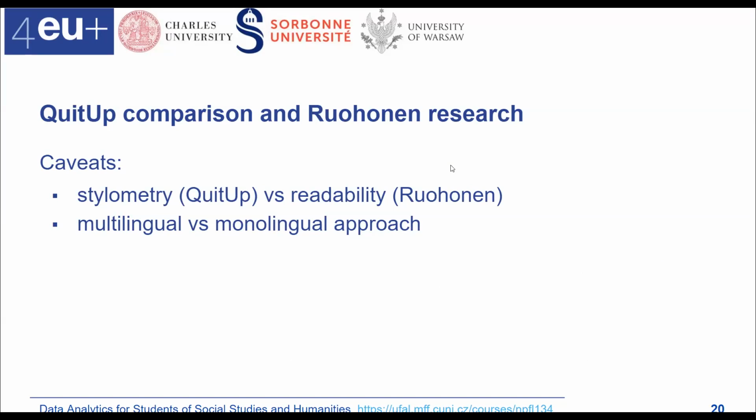That's the presumption we have. On the other hand, Ruohonen measured just the pure readability, seen in the context of the grade achieved by the reader. So this is the difference between the two approaches.